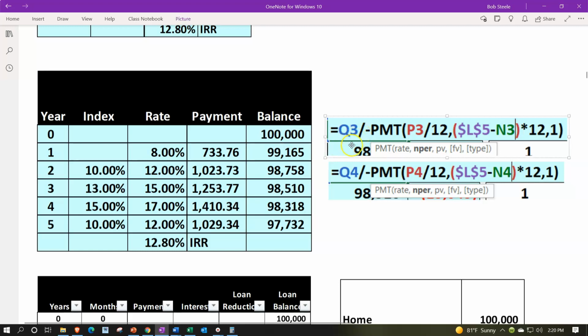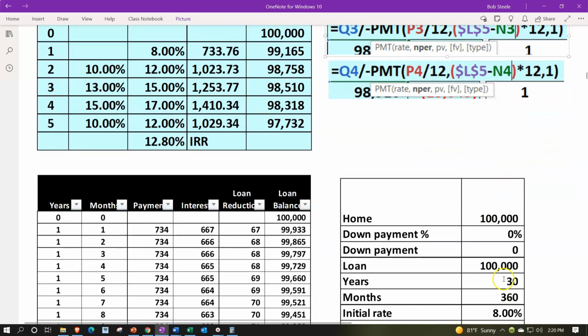This is going to be for this 99,160. We're going to say Q3, that's going to take this prior cell, the payment amount, and then divide that by, and then we're going to make our payment calculation brackets, the rate would be that 8%. Then we're going to take that divided by 12 to get the monthly amount, comma, number of periods. The number of periods are picking up the periods up top. That's going to be outside of our data set. That's that 30.